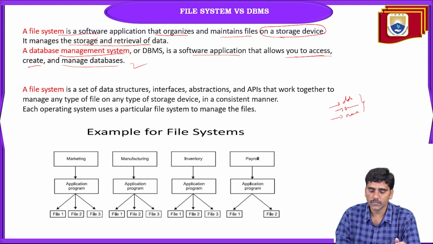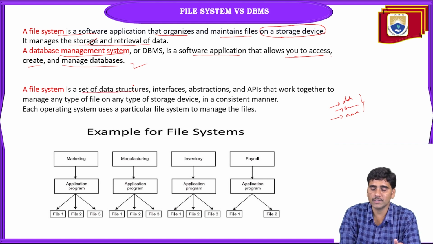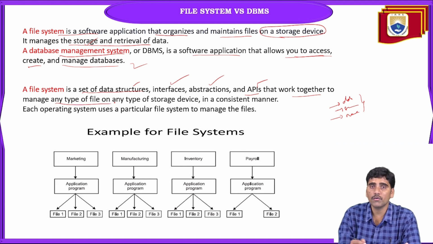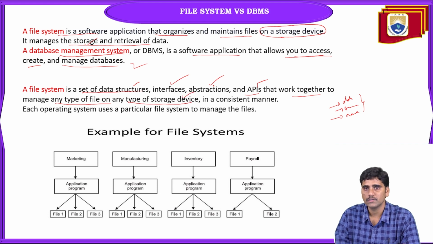So here a file system is a set of data structures, interfaces, abstractions and APIs that all work together to manage many types of files on any type of storage device in a consistent manner.